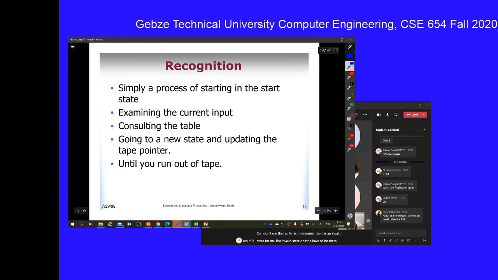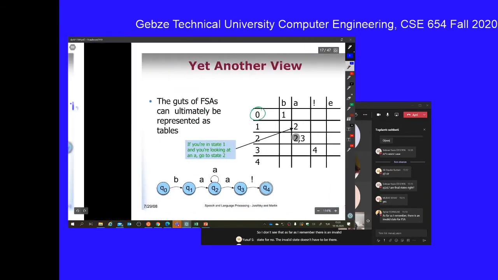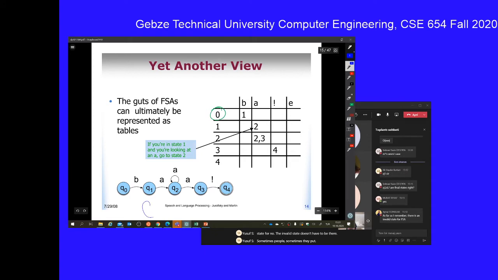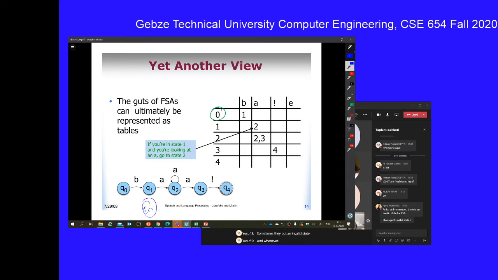Sometimes they put an invalid state, and whenever, I mean, see, these are empty, right? These are empty. Let's say this invalid state is, let's say, state number 5, Q5.